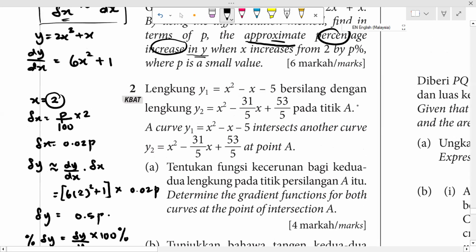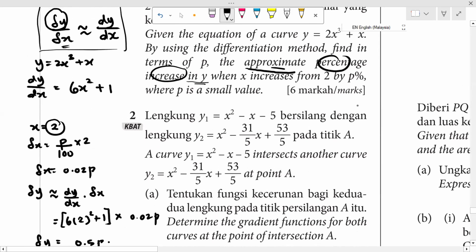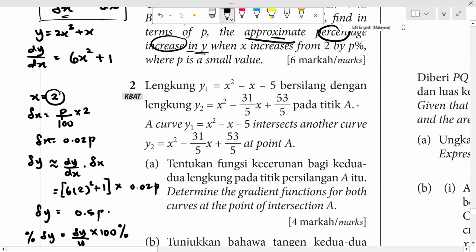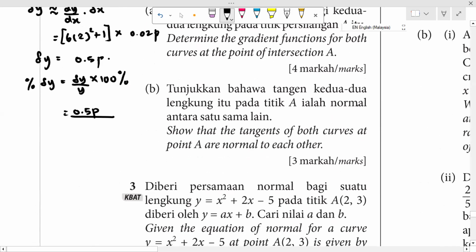So you should substitute x equals 2 into my y. Right, so del y is 0.5p. The y is 2x cubed plus x, times 100%. What? 18? 16? 18? So 0.5p over 18 times 100%.